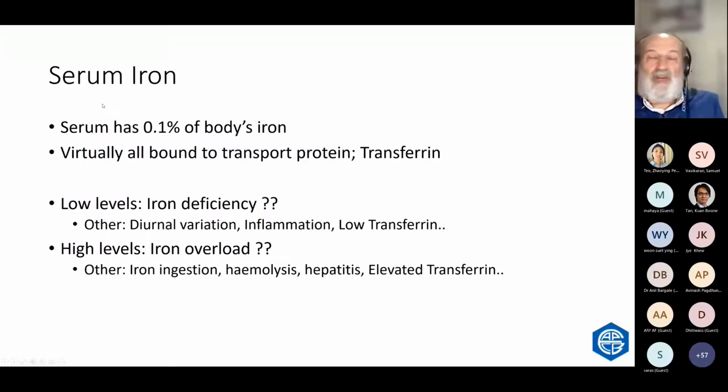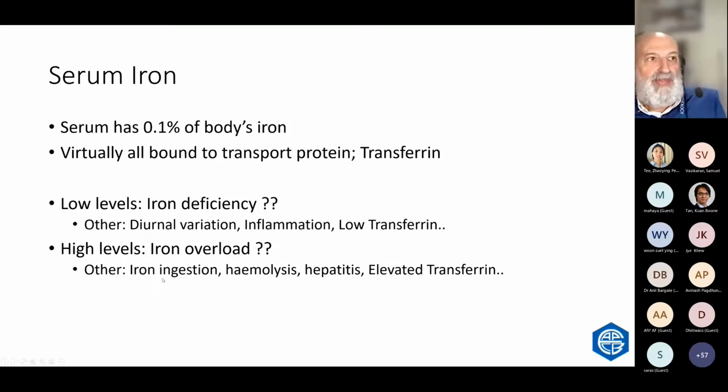So let's say serum iron. We're going to go through each of the elements of the iron studies. Serum has 0.1% of the body's iron, and virtually all of it is bound to the transport protein transferrin, the transporter of iron. Low levels of serum iron could be due to iron deficiency, but they can be just due to other things like inflammation or diurnal variation, which we'll cover.